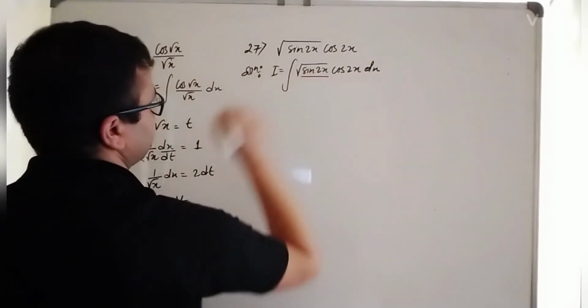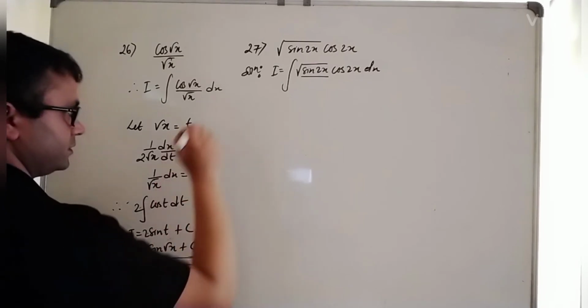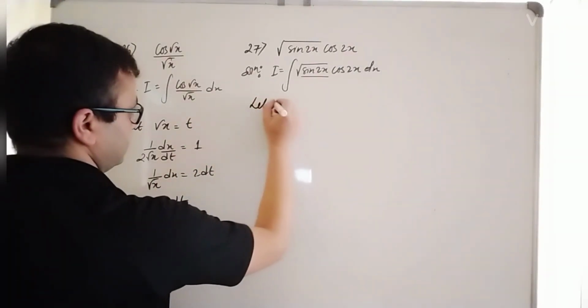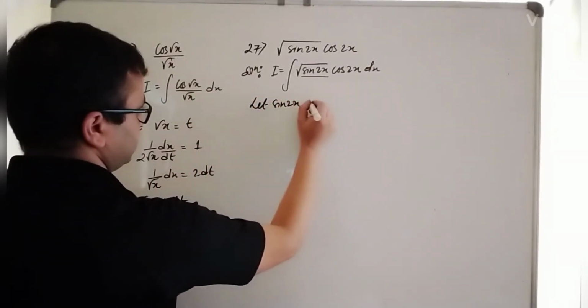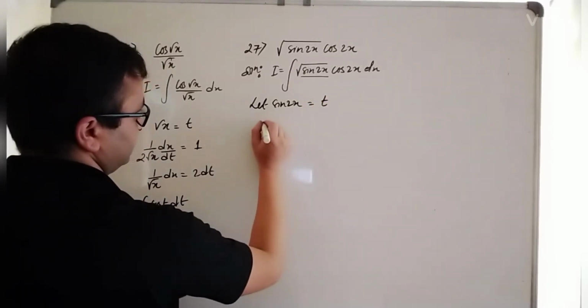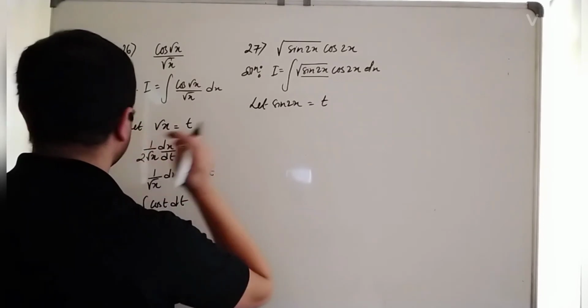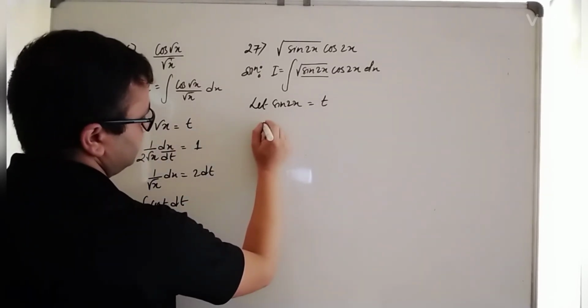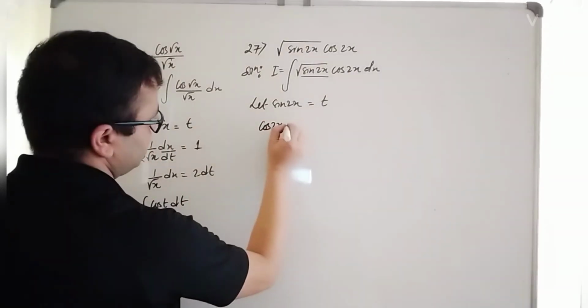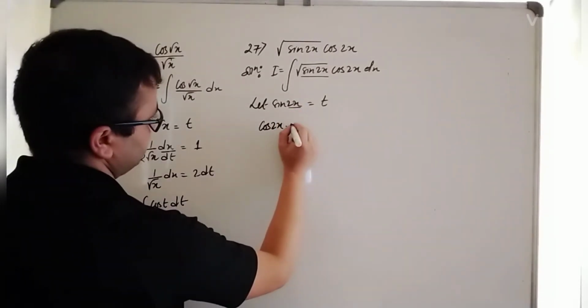We will take sin 2x as substitute. Let sin 2x equal t. The differentiation of sin 2x is 2 cos 2x, since differentiation of 2x is 2.